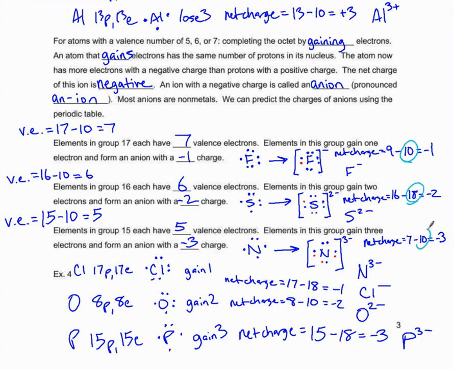Your nitrogen ended up with 10, that's the neon configuration. Your chloride ended up with 18, that's argon. Your oxygen ended up with 10, that's the neon configuration. Phosphorus, 18, that's the argon configuration. So whatever these ions charge, the number of electrons should be the same as one of the numbers in group 18 of the noble gases.